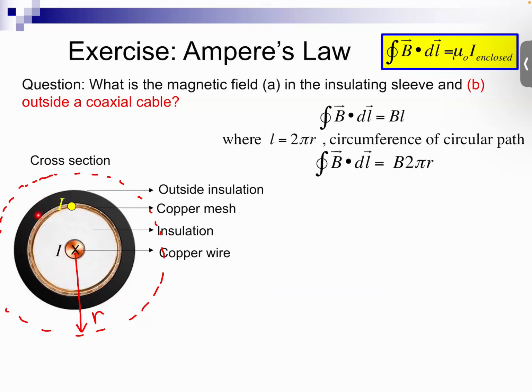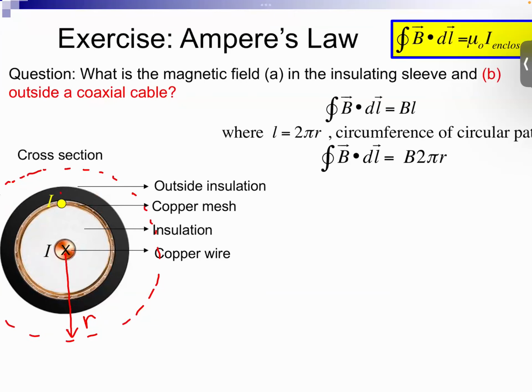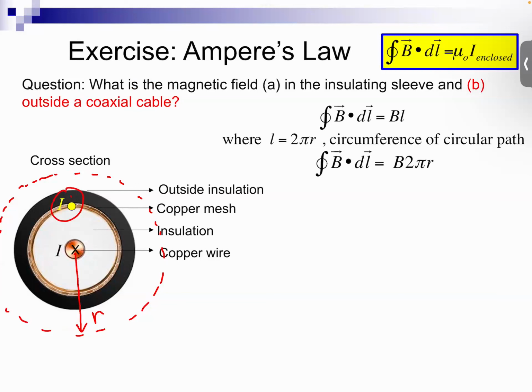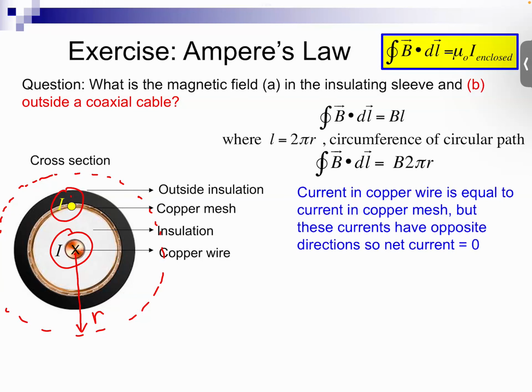Right? Inside your integration path, you have these two currents, that current and that current. Yeah, the currents are equal, but note how the currents are in opposite directions. Okay, so you have a current that's going into the page, or into the plane, and out of the plane. So essentially, these currents in opposite directions cancel each other out.